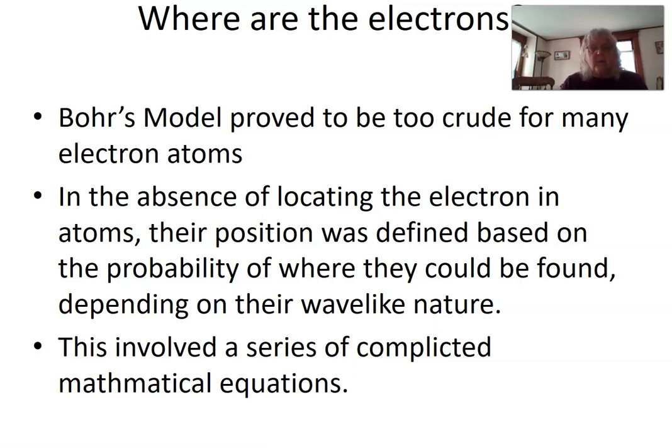So scientists came up with a series of equations. In particular, there's a man named Erwin Schrödinger, and he came up with a series of complicated mathematical equations to determine the positions of the electrons surrounding an atom. We're going to talk about those: the Schrödinger wave equations.